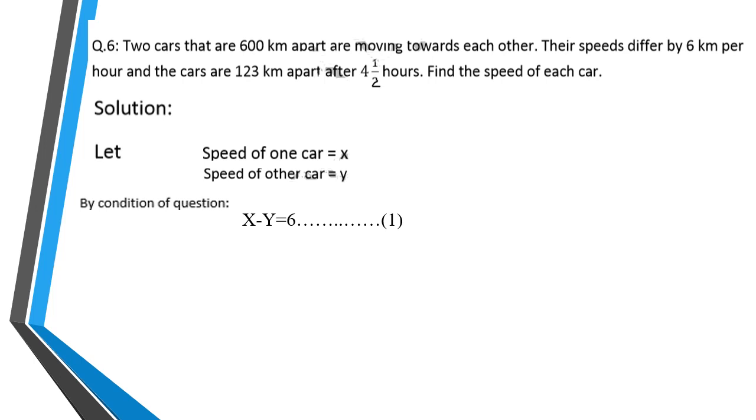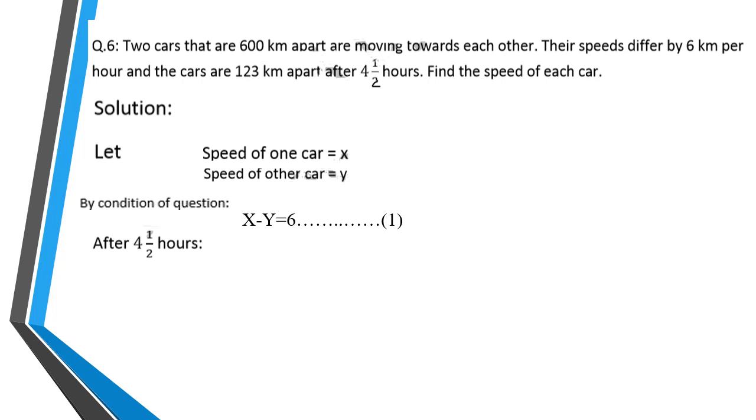By the condition of the question, their speeds differ by 6 km per hour. So the difference between the speed of one car and the second car is x minus y, which is equal to 6. This is equation number 1. After 4 1/2 hours, the distance between both cars is 123 km.